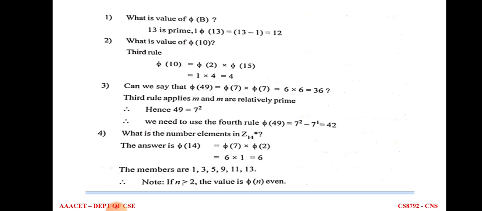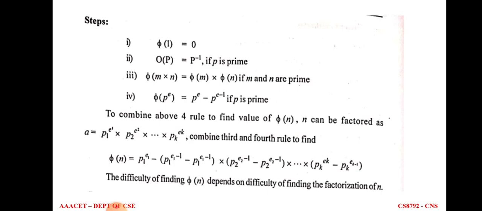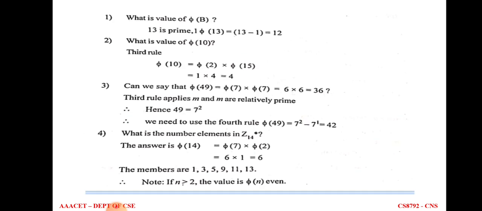The second problem: what is the value of phi of 10? Here also we check whether the number is prime or not, but 10 is not a prime number. So we will not go with the second rule, we will go with the third rule, phi of m cross n. This means we divide the number 10 into two factors, 2 into 5, because 5 into 2 is 10.